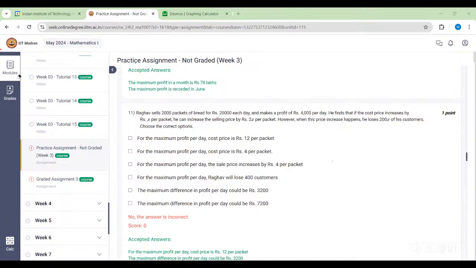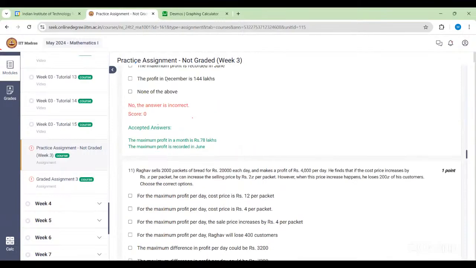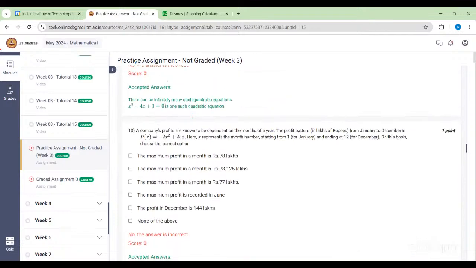So the cost price will be 8 plus x, and for the selling price, you will get 10 plus 2x. This will be your selling price for getting maximum profit. So x represents the increment in rupees in the cost price, from which we can further find the new CP and SP, and the maximum profit also. Okay, ma'am. Thank you.